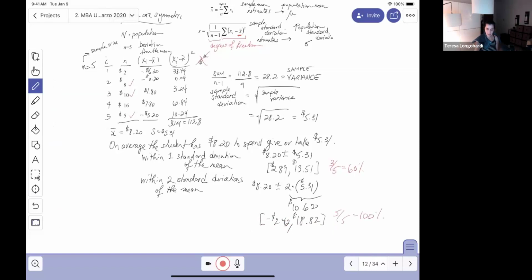So the standard deviation is used in this way to describe the spread of the data when the data are symmetric. We have to assume symmetry and we can make these calculations. Do you have to do the table every time? No, I just wanted to illustrate this formula so you understand it better. But in fact, the calculator will give them to you right away.